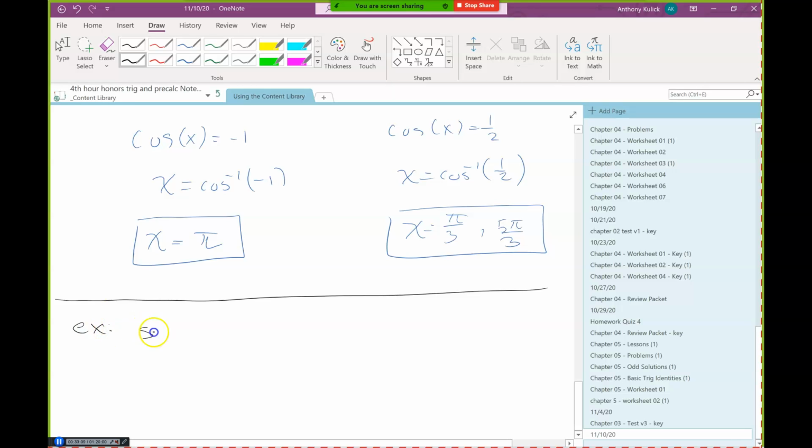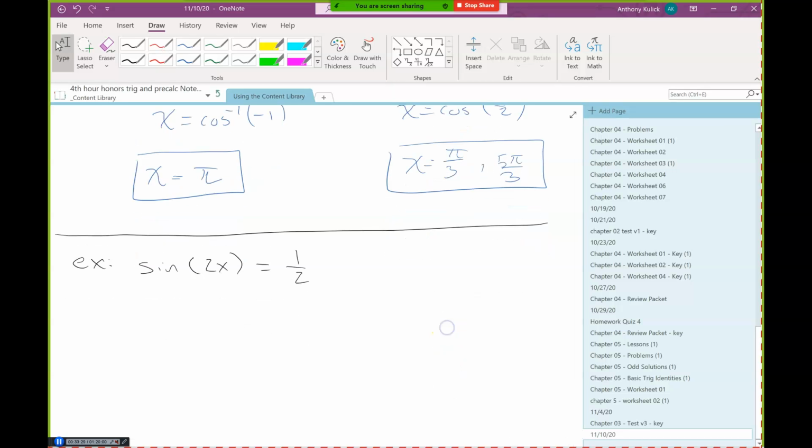Let's look at the very tricky sine 2x is equal to 1/2. What would I want to do here first? Oh, we need an interval, huh? Sorry about that.